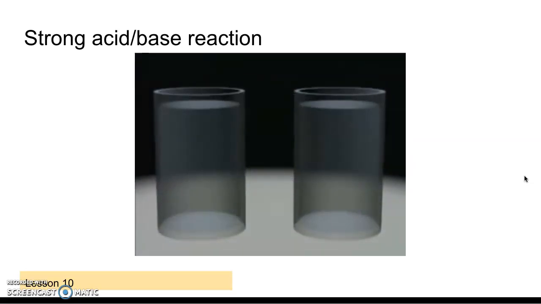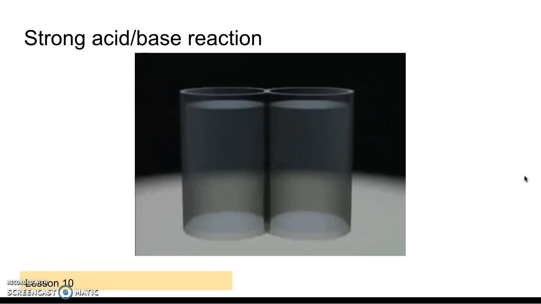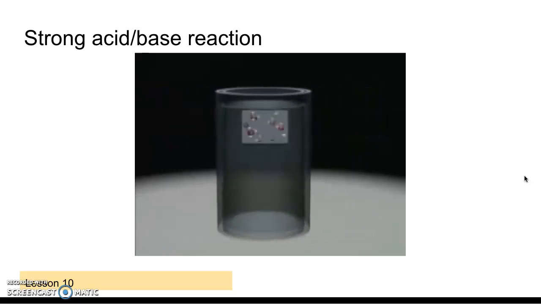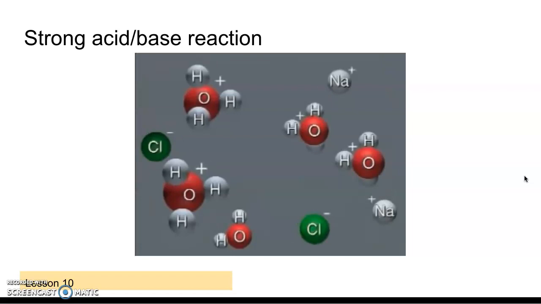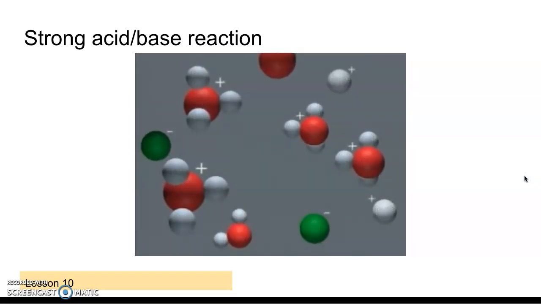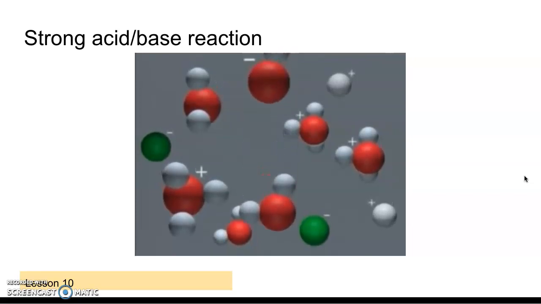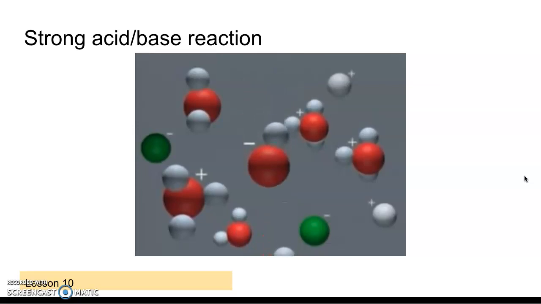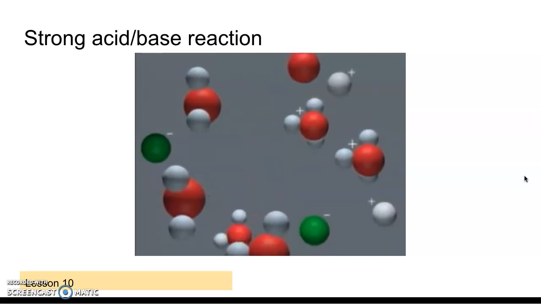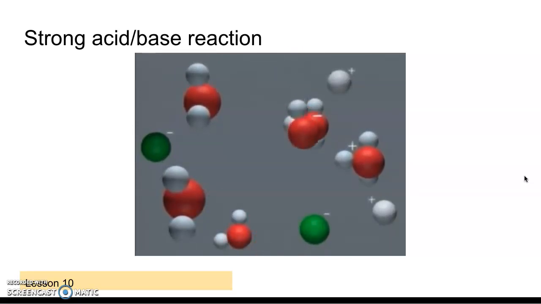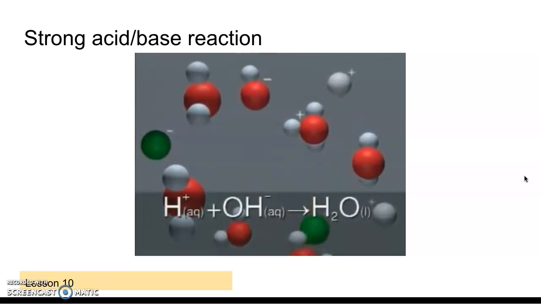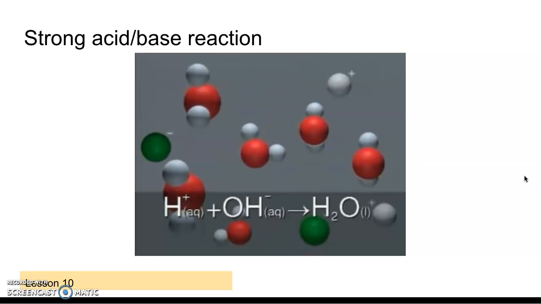When these two solutions combine, a neutralization reaction takes place. In this reaction, hydrogen ions from the acid and hydroxide ions from the base combine to form water molecules. The sodium and chloride ions are unaffected and remain to form a neutral sodium chloride solution. Neutralization can be summed up by this simple ionic equation.